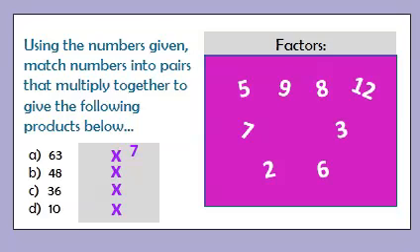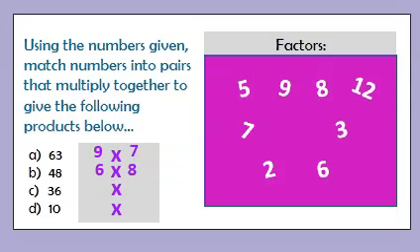So what are the two numbers that you multiply in order to get 63? It's 9 times 7. So 9 times 7 gives us 63. Now think of two other numbers. When you multiply them, you get 48. So those two numbers are 6 and 8. So 6 times 8 is 48.